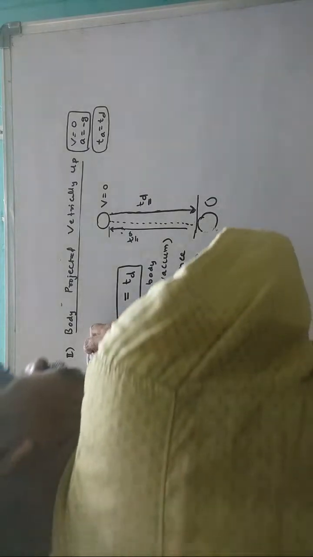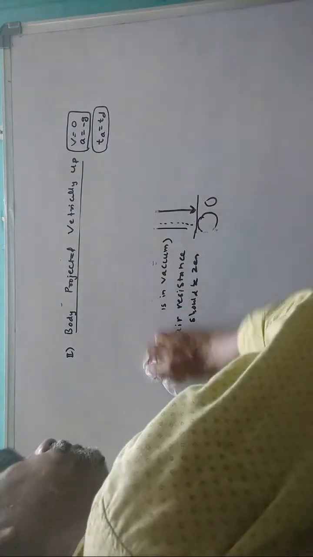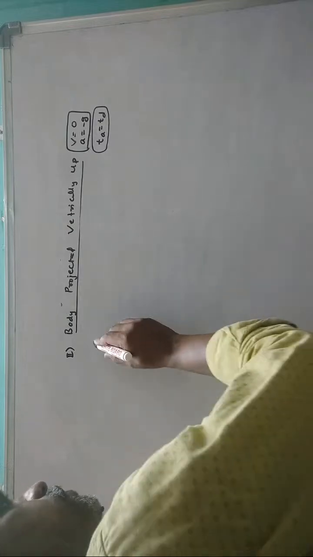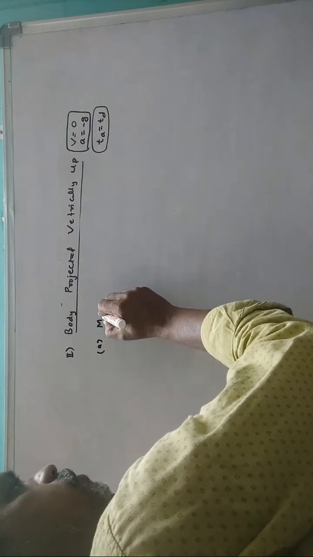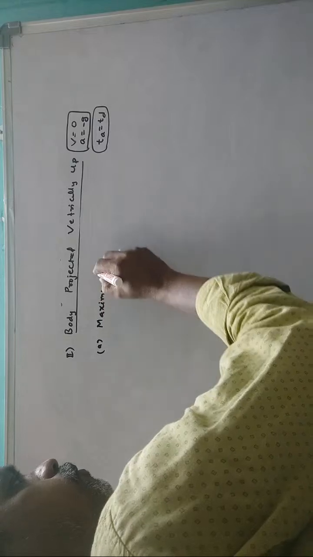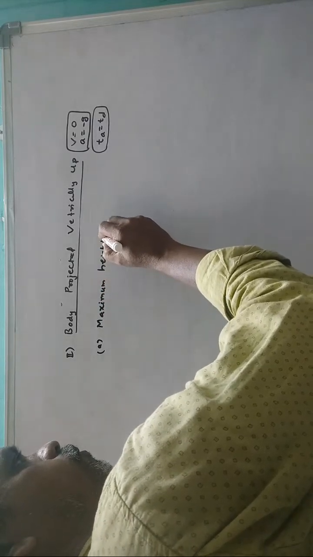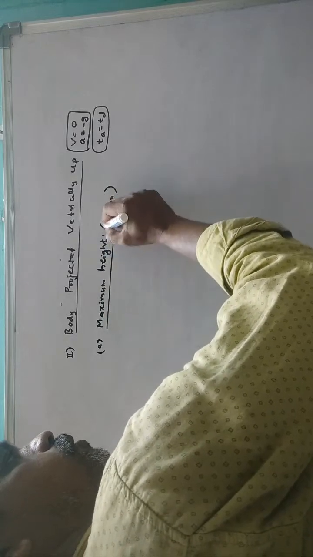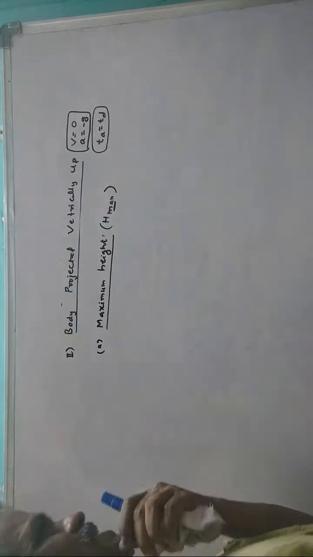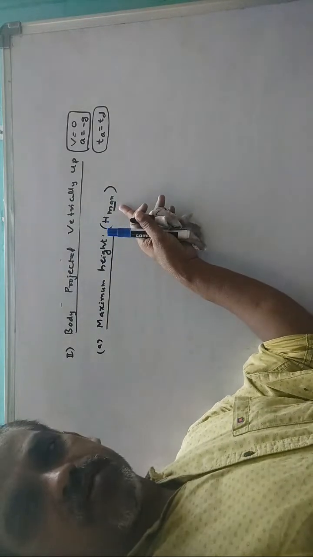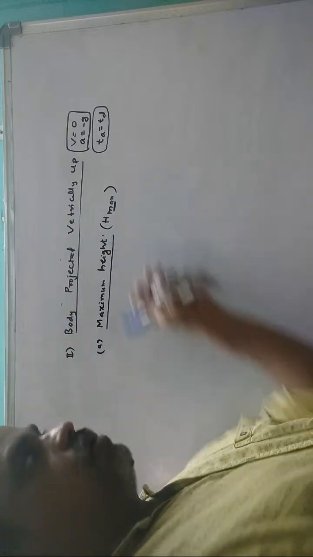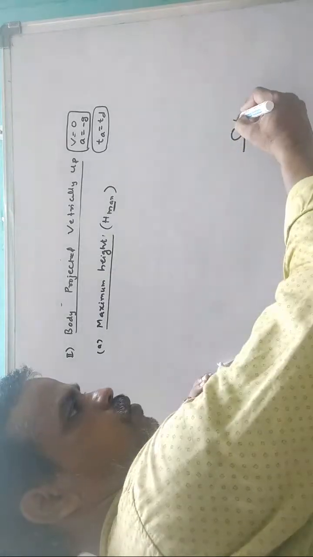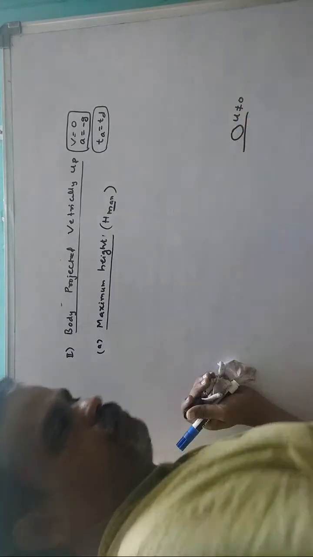See, in this case we are checking maximum height. దీంట్లో maximum height. So H max. So here this suffix denotes maximum height. H max. So the body, u not equal to 0.